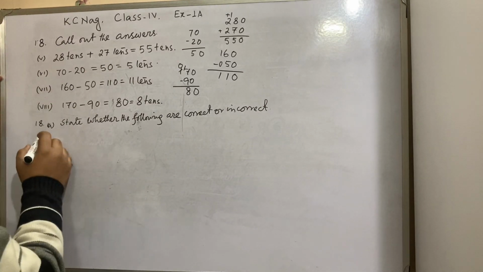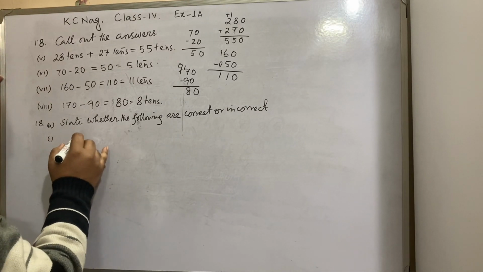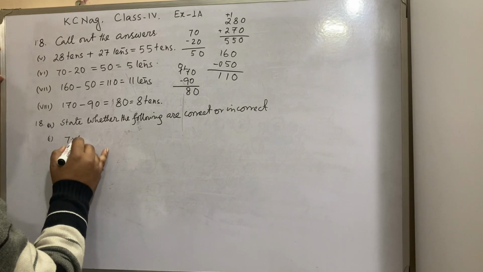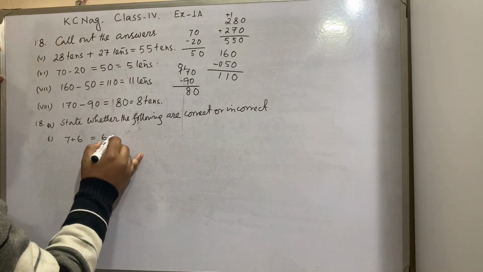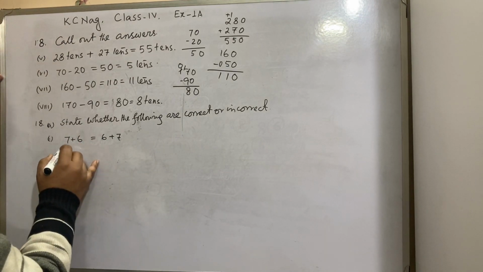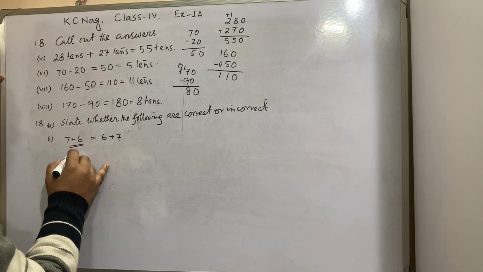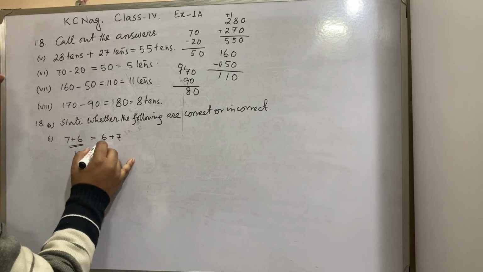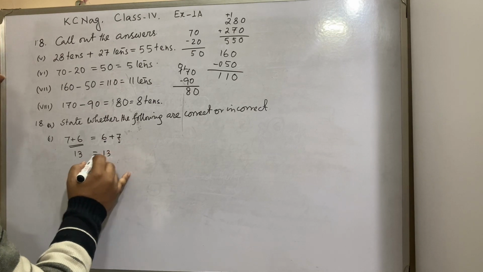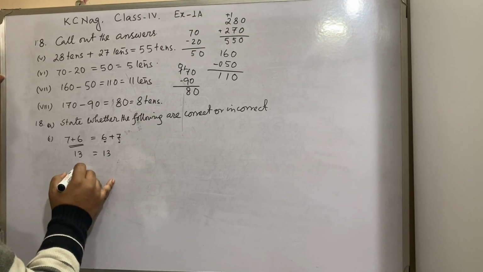Question number 1 says 7 plus 6 is equal to 6 plus 7. What is the sum of this? 7 plus 6 is 13, and 6 plus 7 is also 13. That means it is correct.